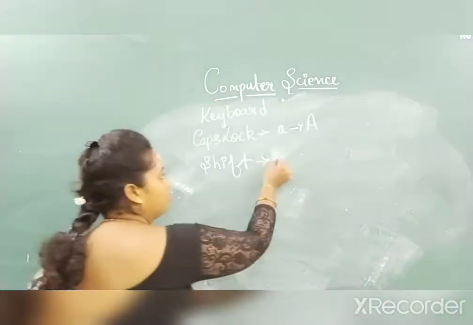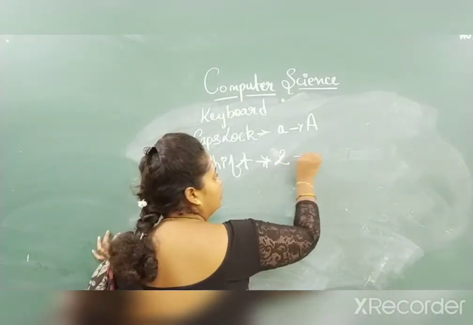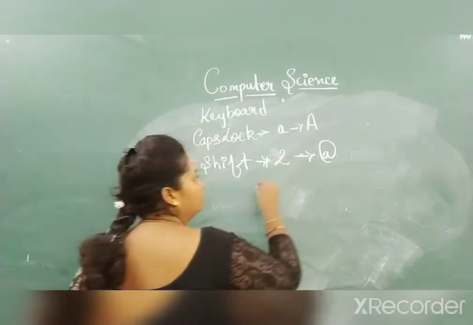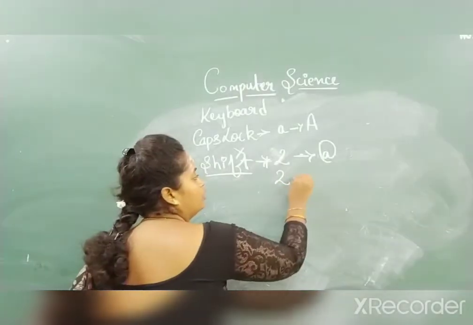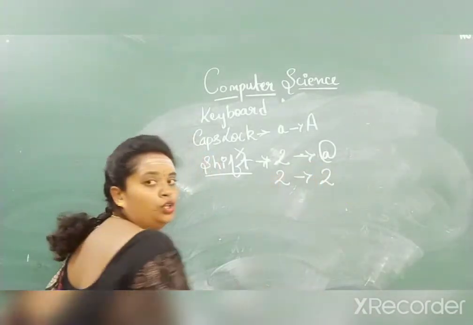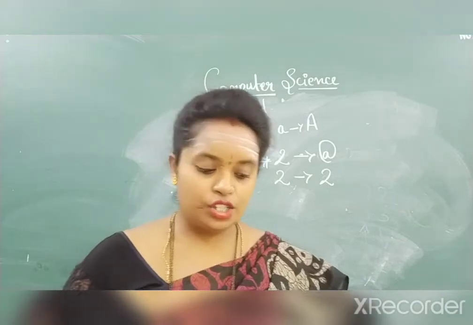It's like this, shift plus 2, the answer will be at. When there is no shift, just click on the 2, the answer will be 2. Got it, children? This is the use of the shift key.